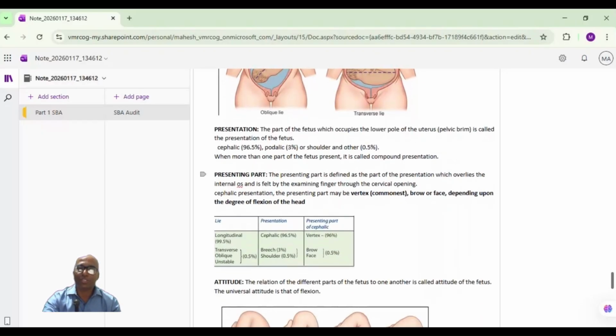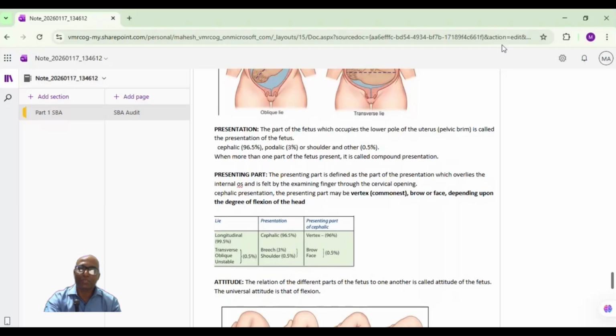So longitudinal lie we have seen in 99.5% of cases, and only in 0.5% you have transverse, oblique and unstable. Presentation is cephalic in 96.5% of cases, 3% will be breech and shoulder will be 0.5%. Then presenting part: cephalic vertex is seen in 96% of cases, and brow and face in 0.5% of cases. That is the presenting part.